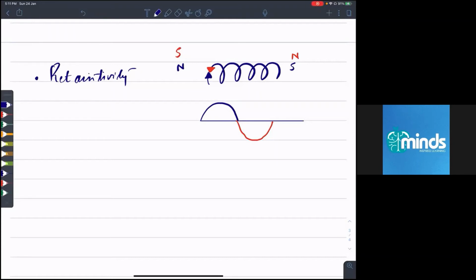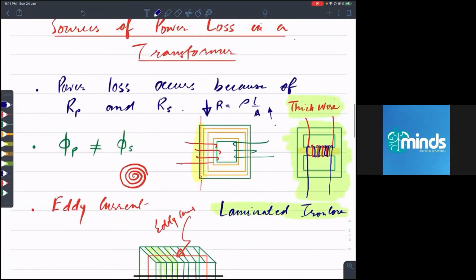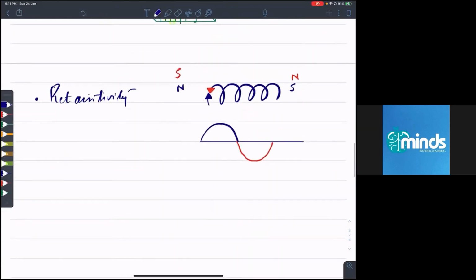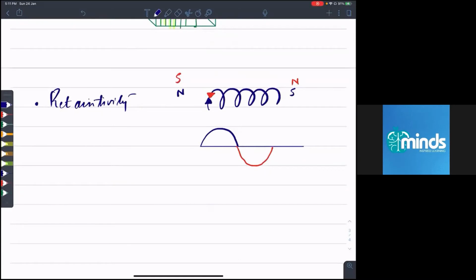we need a material. Okay, you people answer this. What do you think? What kind of material we should use to make the primary and secondary coil, the material of the core? The material whose retentivity is very high, or the material whose retentivity is very low?